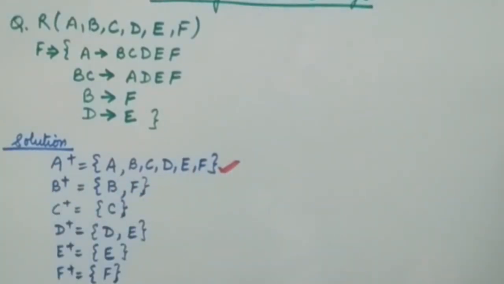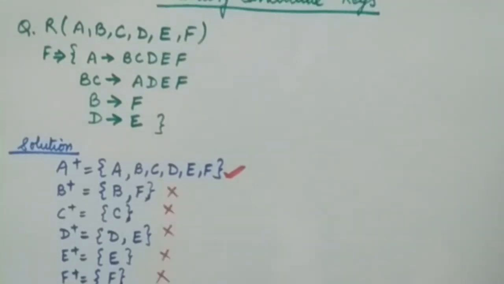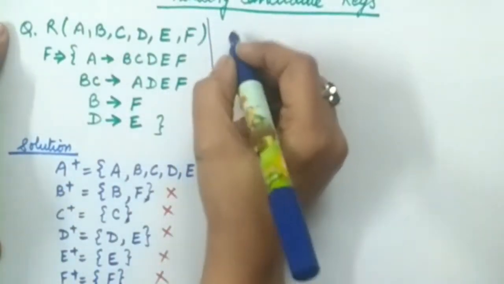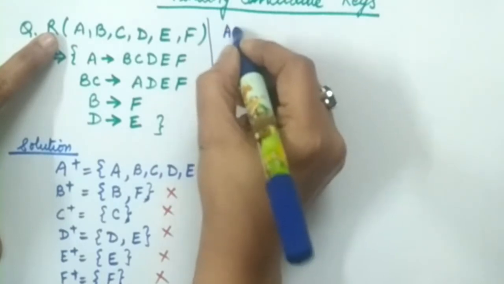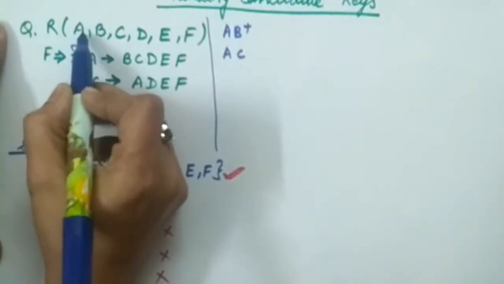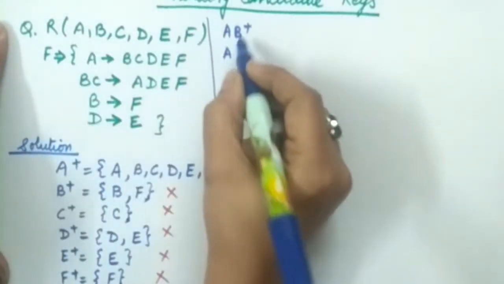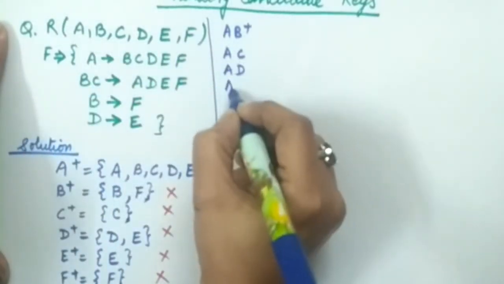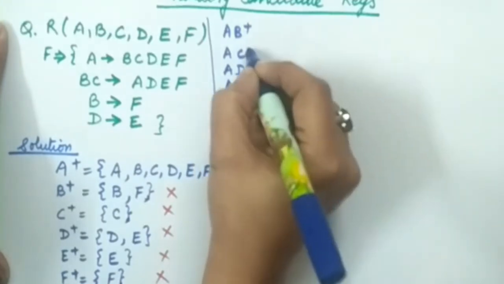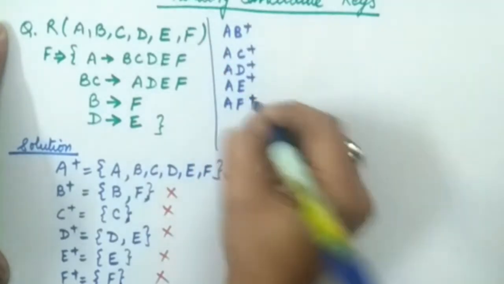Now we will check for the candidate key with two pairs. For two pair candidate keys, all the possible combinations are A, B, A, C. For attribute A, I am combining with all the other attributes: A, B, A, C, A, D, A, E, and A, F. We will take out the closures of these.